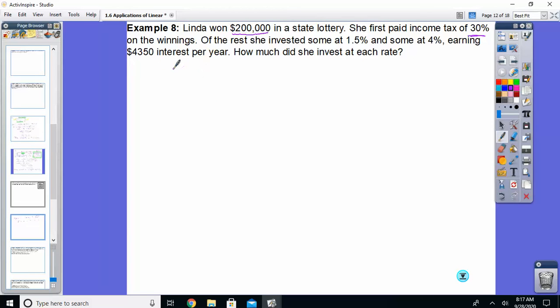So if I take the 200,000 times 0.3 for 30%, what does that give me?